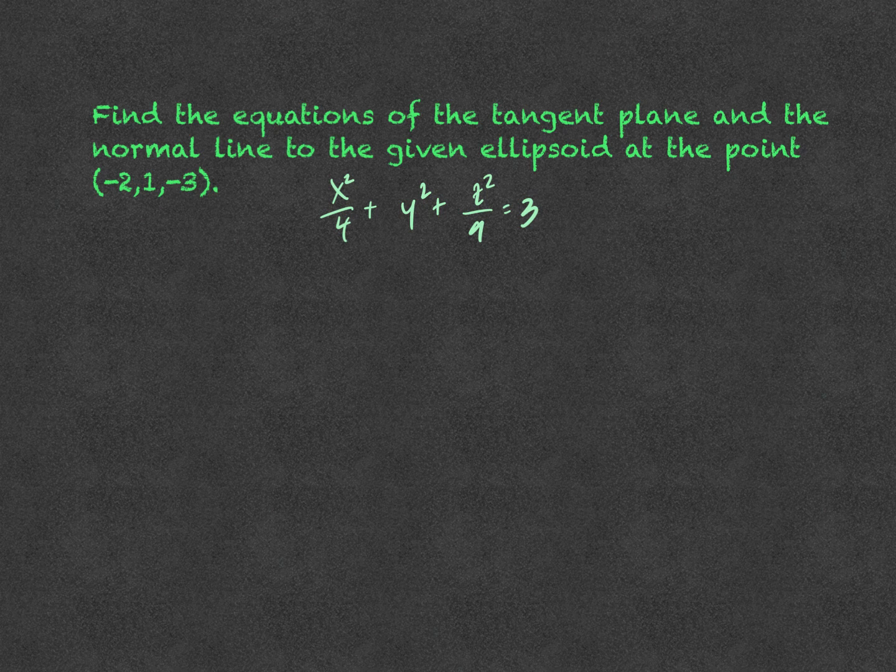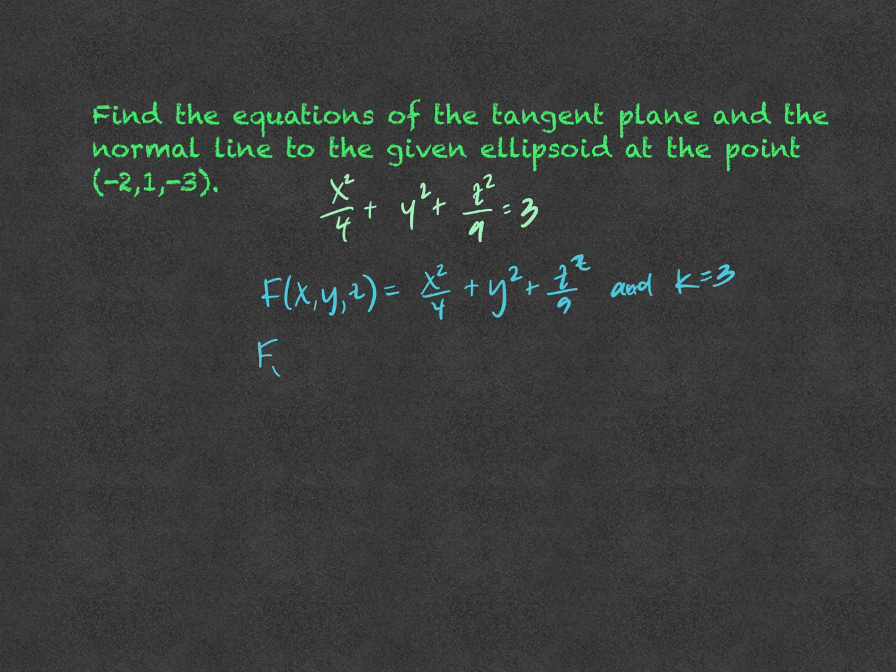So the first thing we do is we say the ellipsoid is the level surface, and f of x, y, z is equal to x squared over 4 plus y squared plus z squared over 9, and k equals 3. So that's the level surface, k equals 3, but this is our function that we have here.